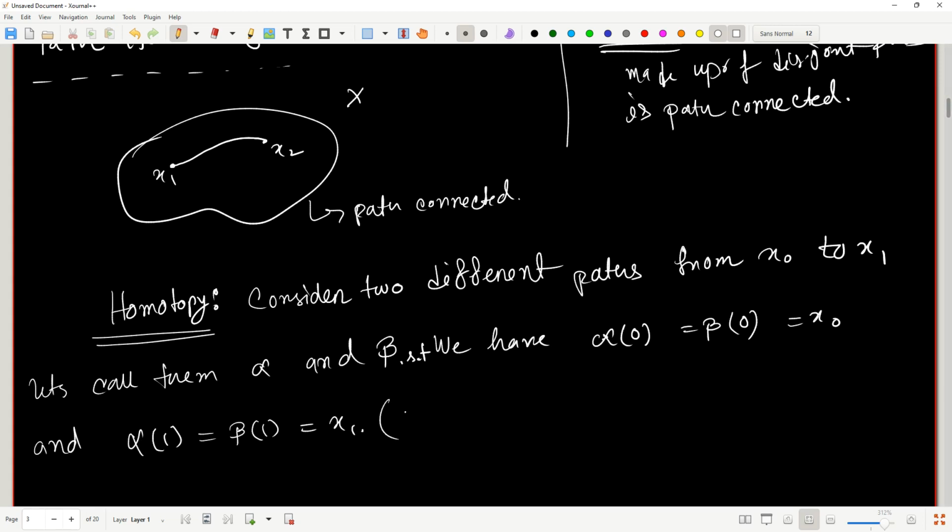Again, just so that you can recall, we are using the interval that we introduced earlier, from 0 to 1. This is a standard thing.